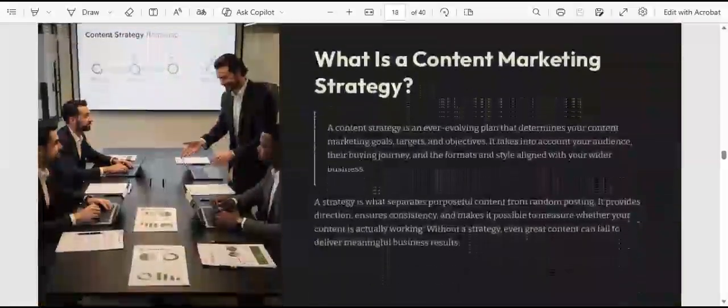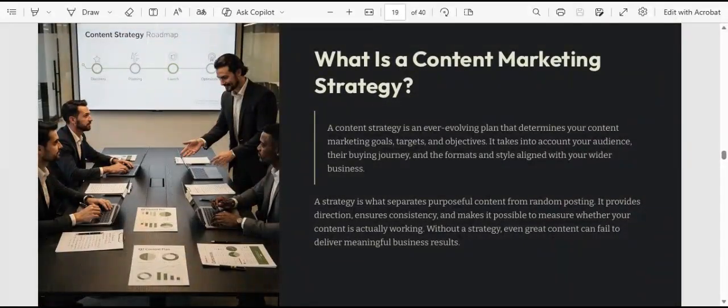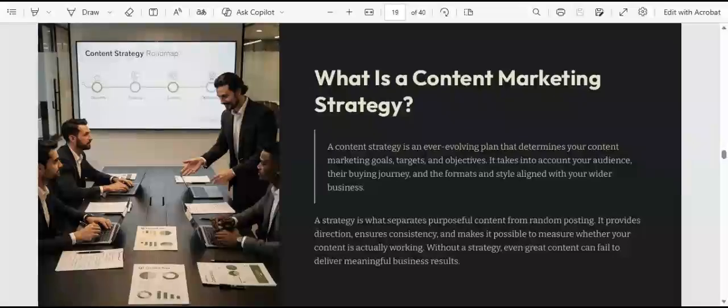Then, what is content marketing strategy? Now we are talking. A content marketing strategy is an ever evolving plan that determines your content marketing goals, targets, and objectives.